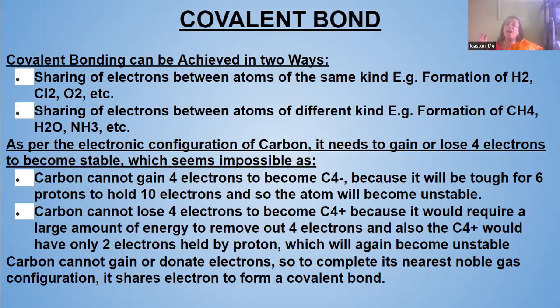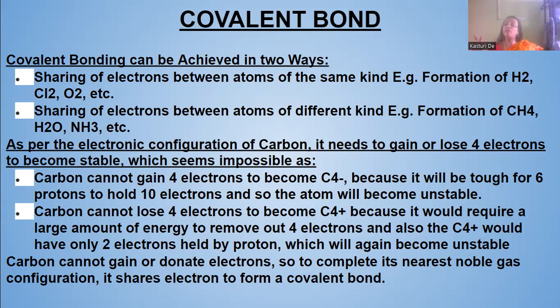Now, if the carbon loses 4 electrons, how many electrons will it have? 2 electrons, and protons will be 6. That will also make it impossible. If it removes 4 electrons, then it will be C4 plus.